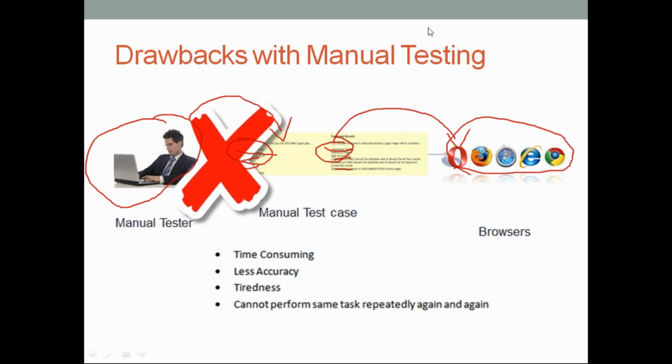That is one thing. The second one, if you look here, is less accuracy. Let's assume I have 10,000 test cases, where 8,000 test cases are very complex. By complex, I mean I have a lot of calculations in each and every test step or test case.